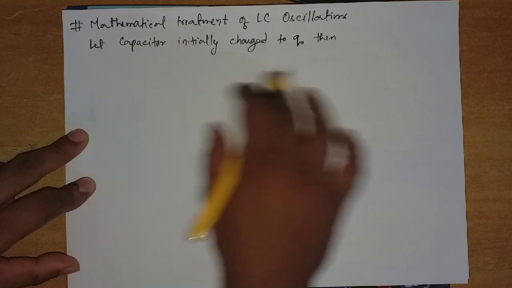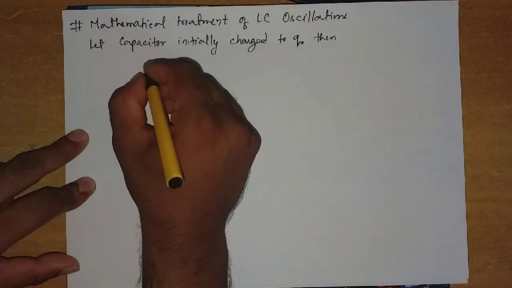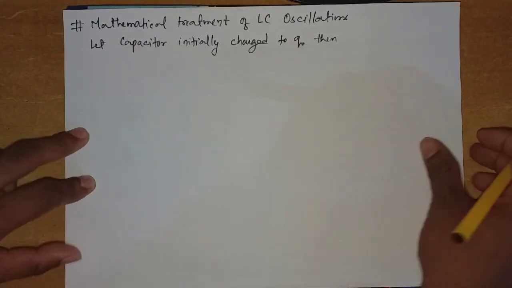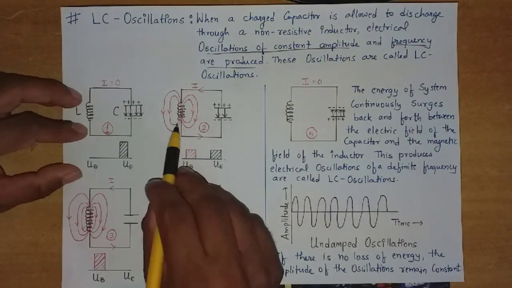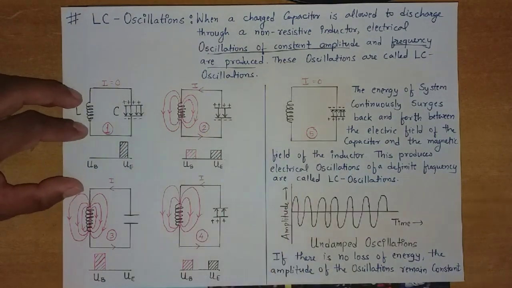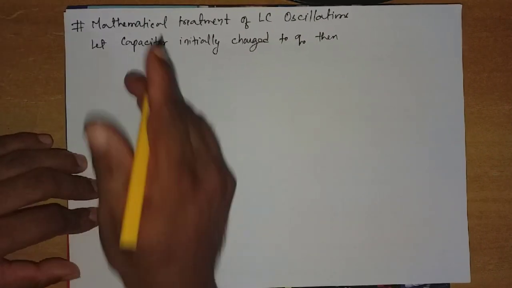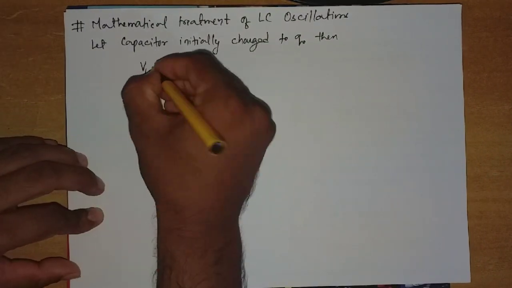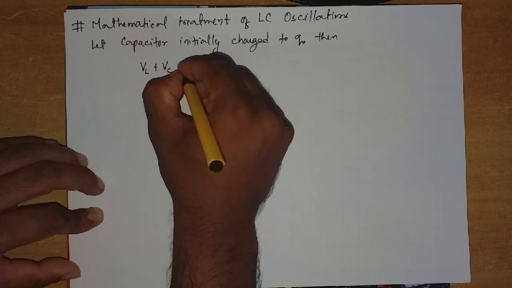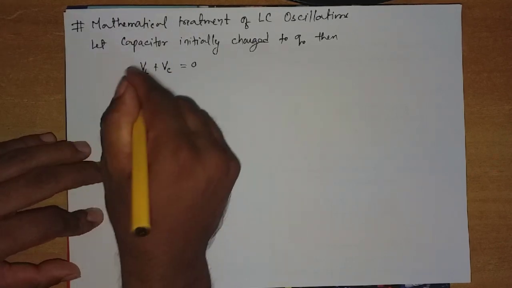Then when it is connected to the inductor, both the inductor and capacitor have their terminal voltage, right? So at that time we can write the voltage of the inductor plus the voltage of the capacitor is equal to 0.